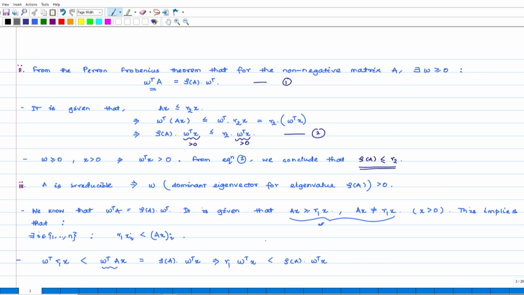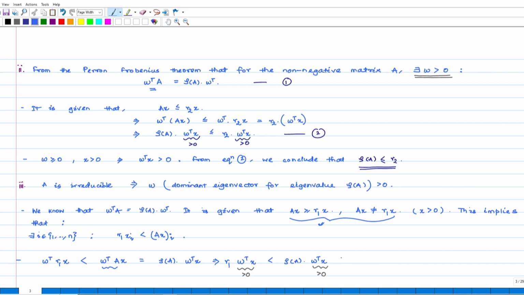Since the matrix A is irreducible, from the Perron-Frobenius theorem as given here, we know that w should be greater than 0. Please note this here should be w greater than 0. Because of that, w transpose x is strictly greater than 0 on both sides.